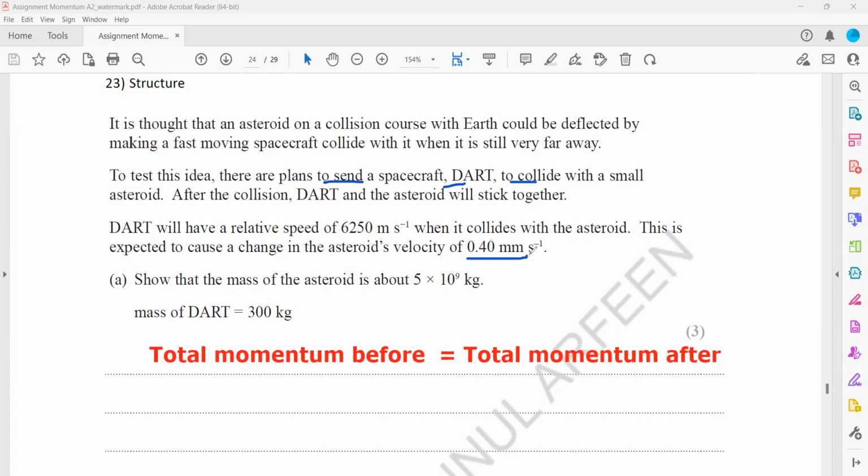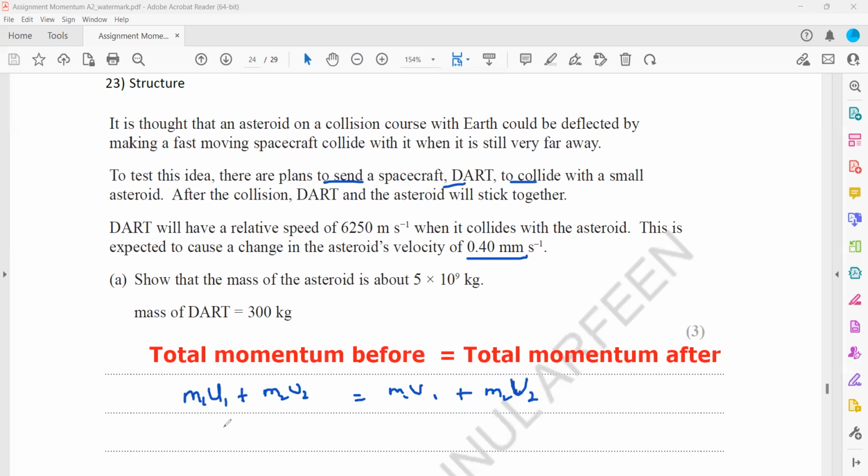More or less it's the same. On that basis, they use the formula m1u1 plus m2u2 is equal to m1v1 plus m2v2.